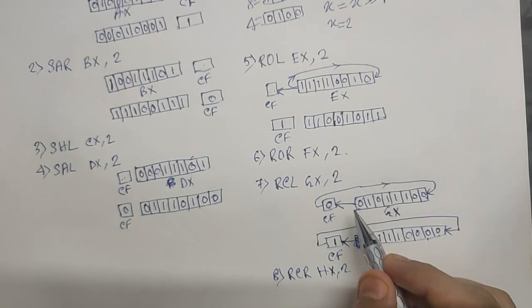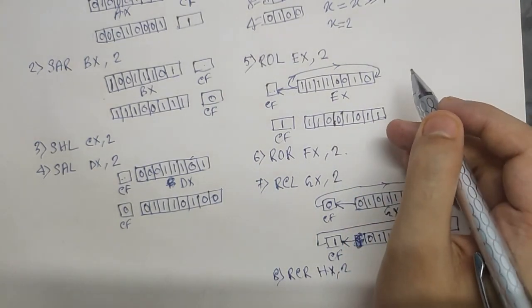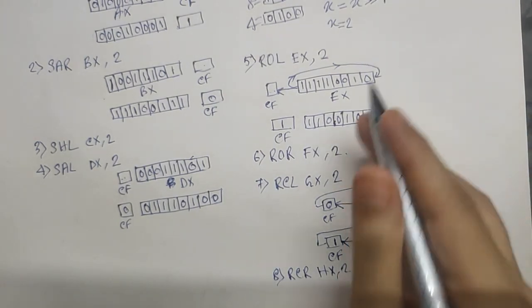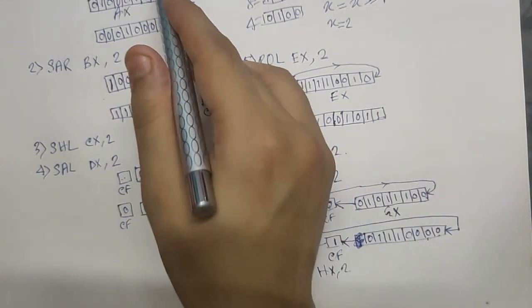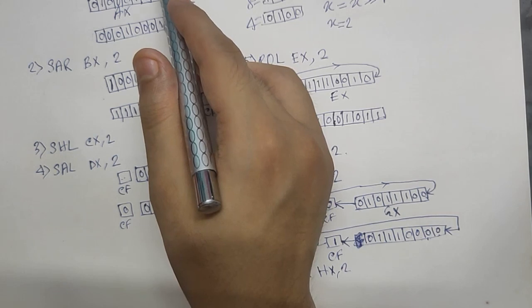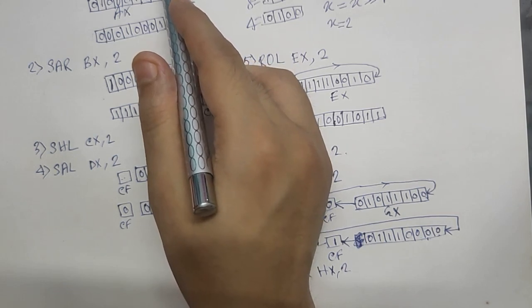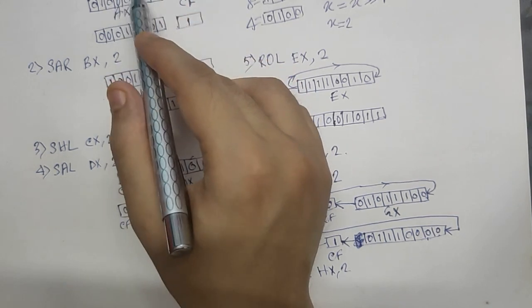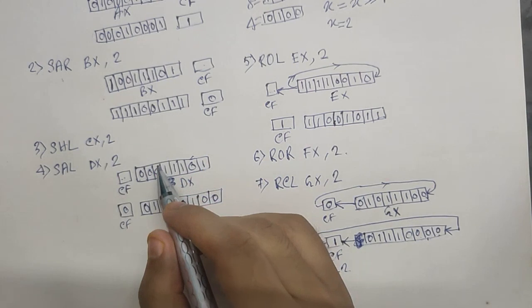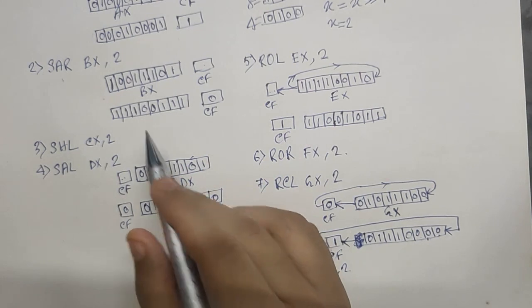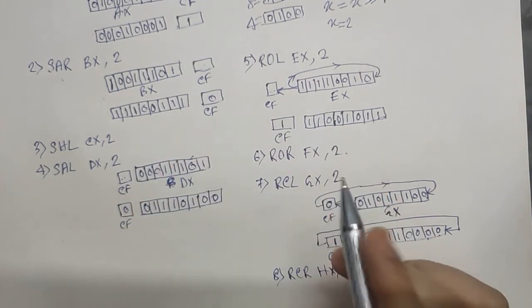So the rotate operation you can apply on unsigned numbers as well as signed numbers or any other type of numbers. But in shift operations, if you have the logical shift, that time you need to do this on unsigned numbers, and if you have the arithmetic shift, then you need to do this on your signed numbers. Okay, so in this way we need to perform those things.